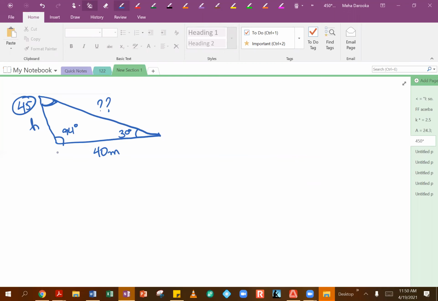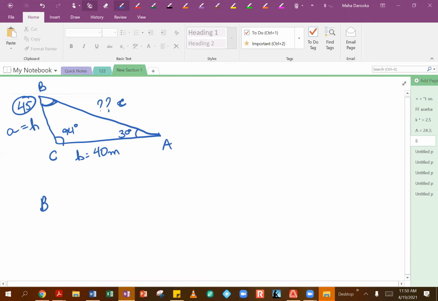So just to keep it in line with the other examples, I'm going to call this C, I guess A over here and B over here. So this would be side C. This would become side A. This could be side B. So let's start by talking about angle B over here.